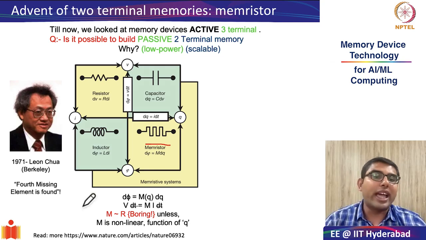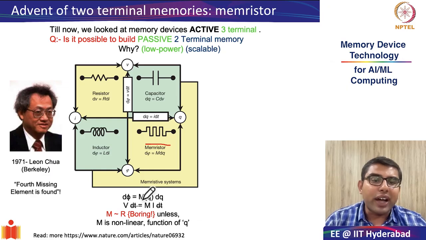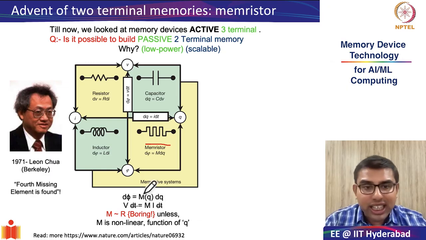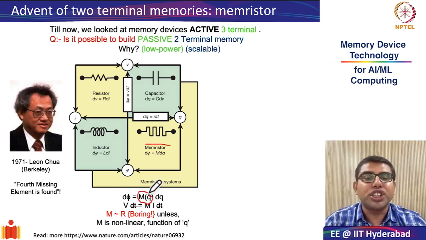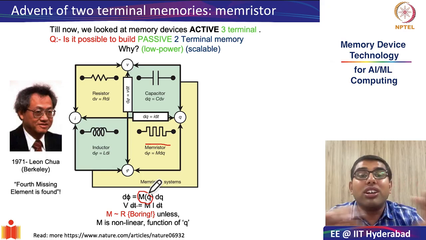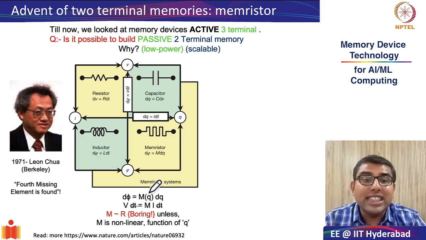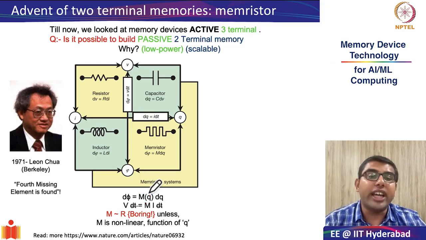Simple way of looking at it is, remember, d phi is equal to M dq. The interesting thing about this memristive element is that this M is not just a simple constant, but it's a function of Q. This is what makes things very interesting.